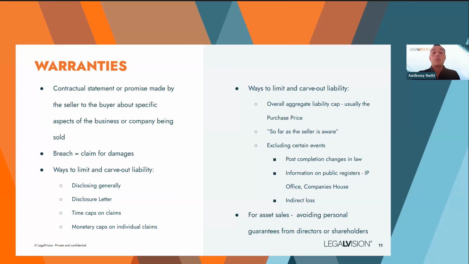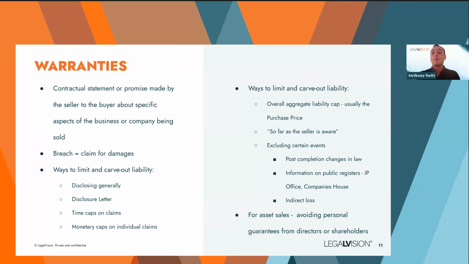One of the most important ways that we do that is to disclose against warranties. The general process is that sellers will, during the due diligence process, disclose a lot of information about the business and the company, depending on what type of transaction we're talking about, into the data room.